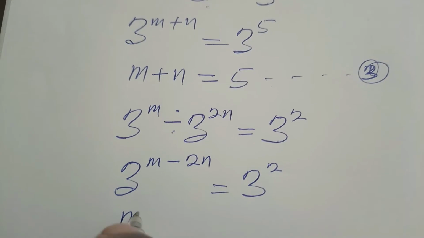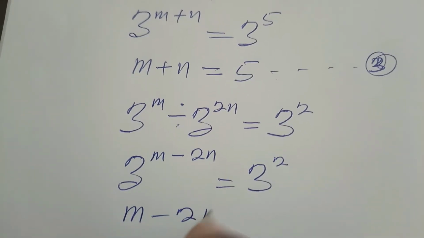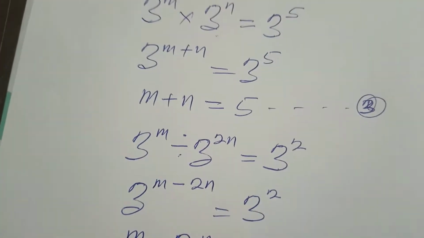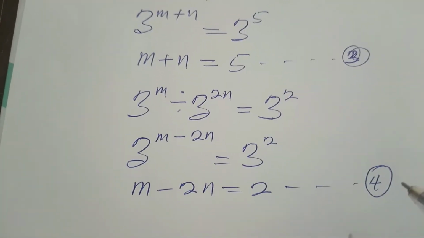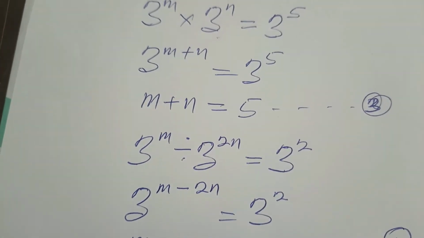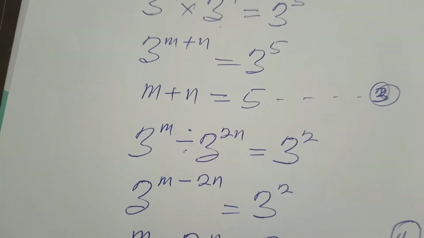Then because the bases are the same, we equate exponents to get m minus 2n equal to 2. Let's make this one equation 4. I'm going to write equation 3 under equation 4 for easier calculation.